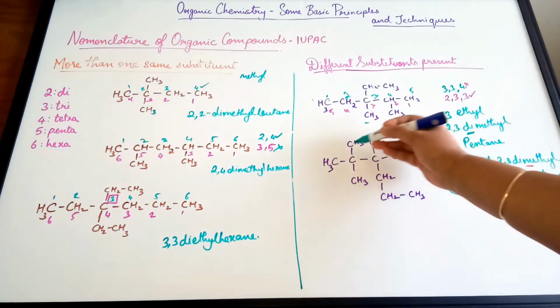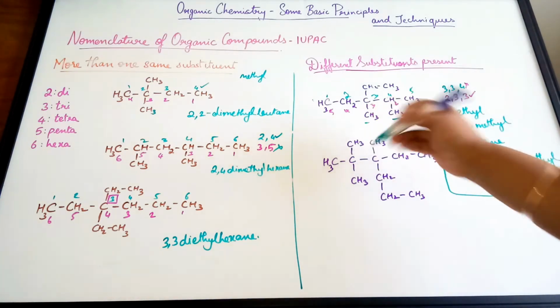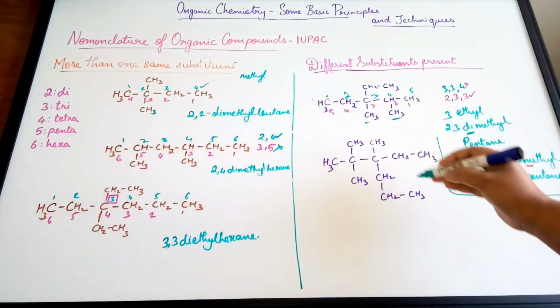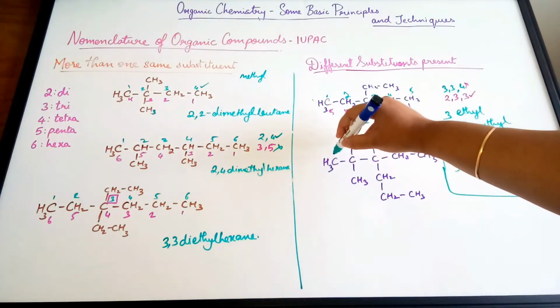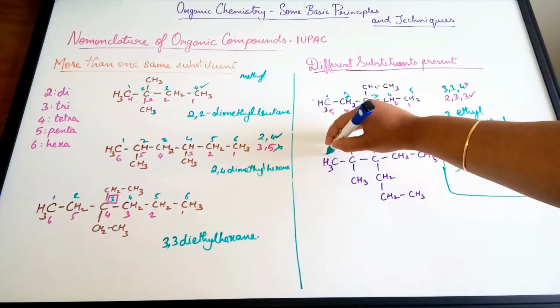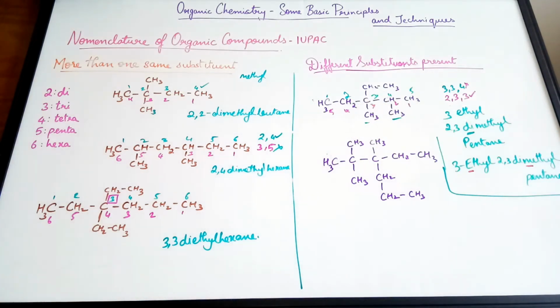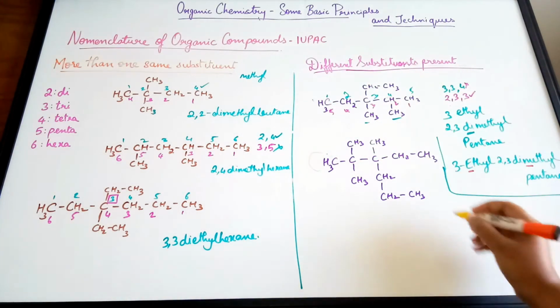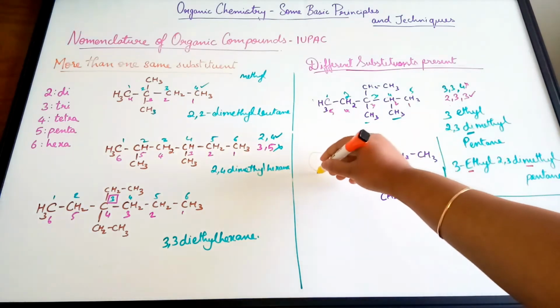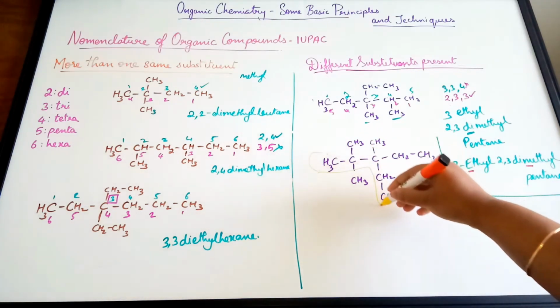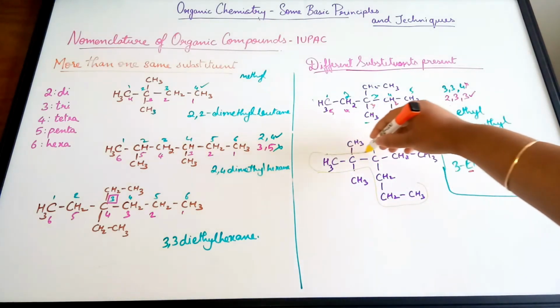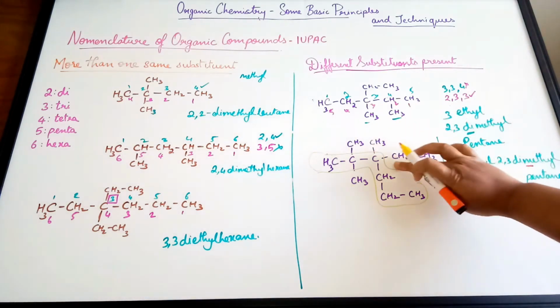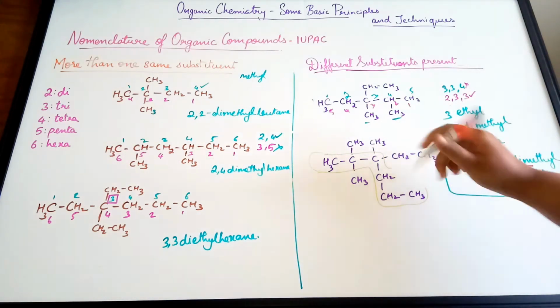Since these are all methyl groups, irrespective of where we start from, you'll have 6. So our longest chain is from here. It starts from this carbon and goes up to this carbon. So it includes these carbon atoms.